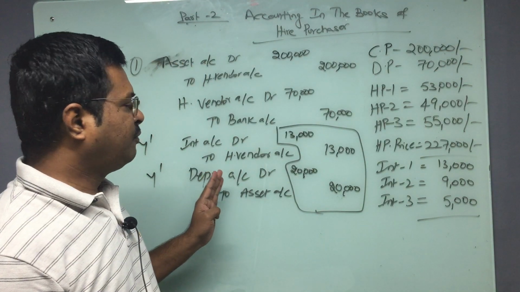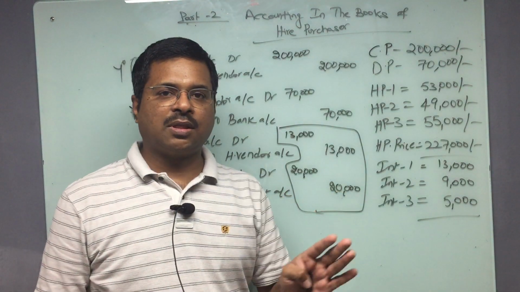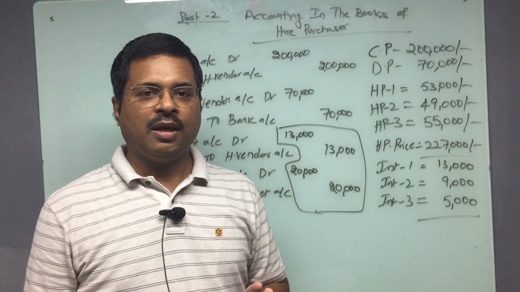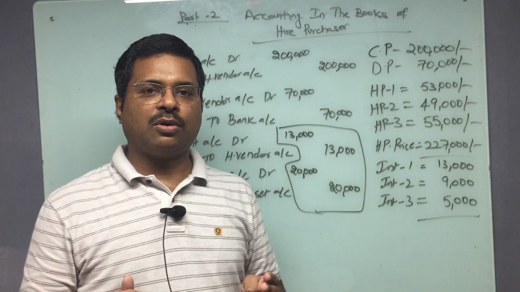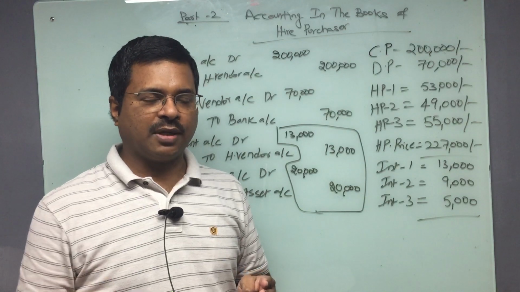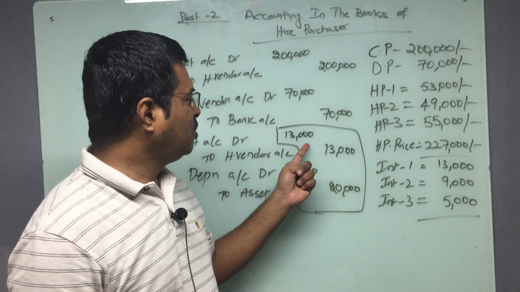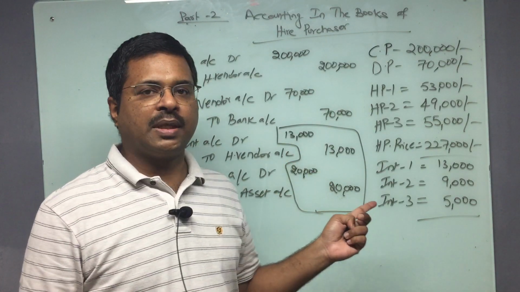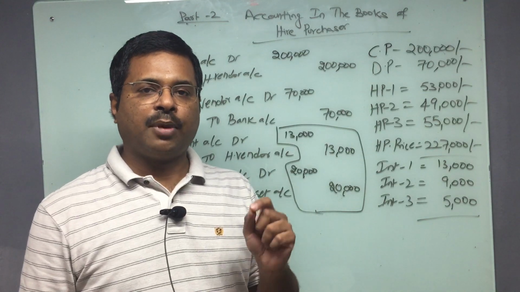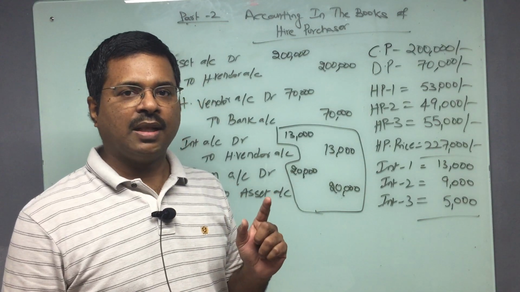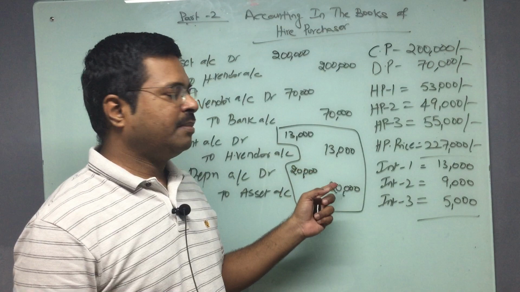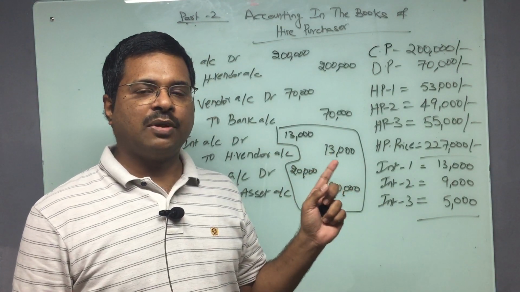Suppose we are purchasing the asset on 1st of October 2020, and then we are closing our books of accounts on 31st March 2021. Then the value of interest and also depreciation have to be proportionately adjusted, else your working will be wrong, your financial statements will be wrong.